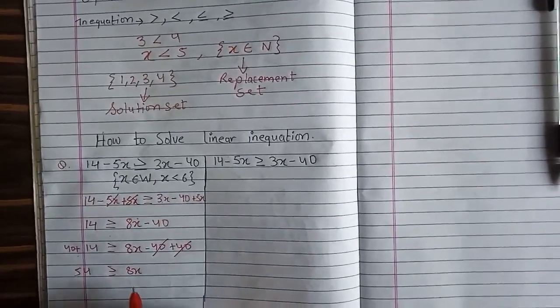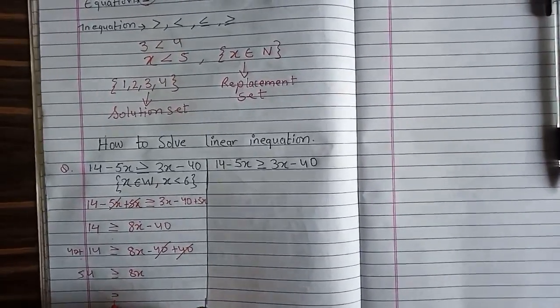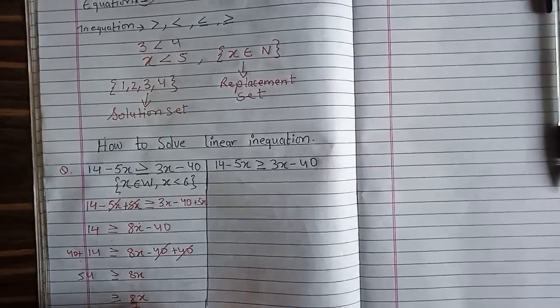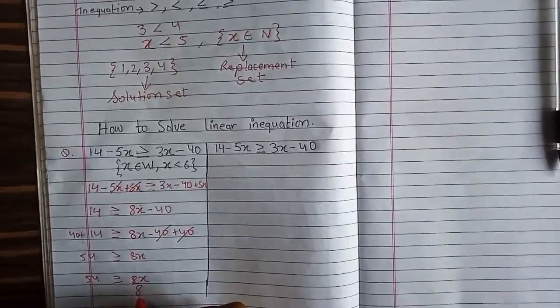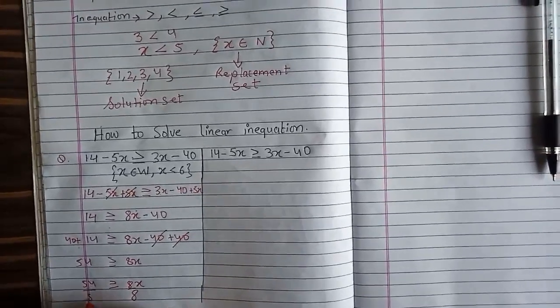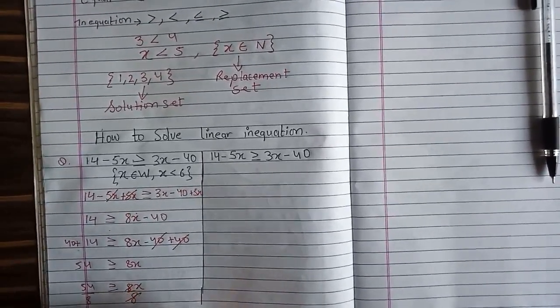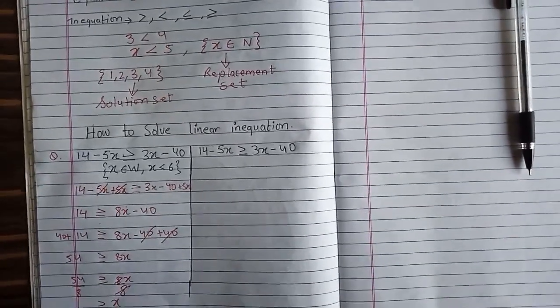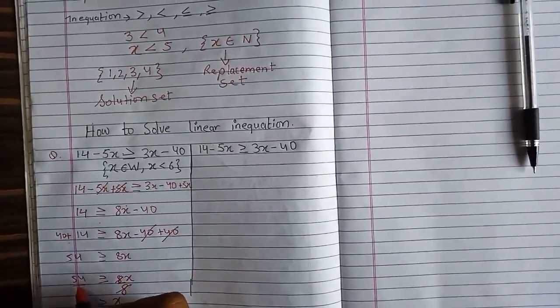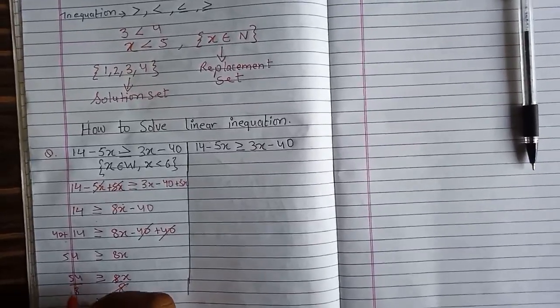In order to remove 8, I have to divide by 8. If I am dividing by 8 on this side, I am also going to divide by 8 on the other side. So 8 and 8 get cancelled out, and if I divide 54 by 8, I'm going to get 6.75.